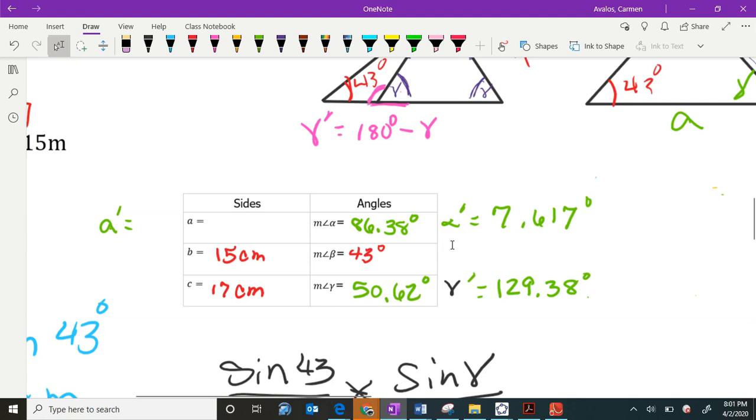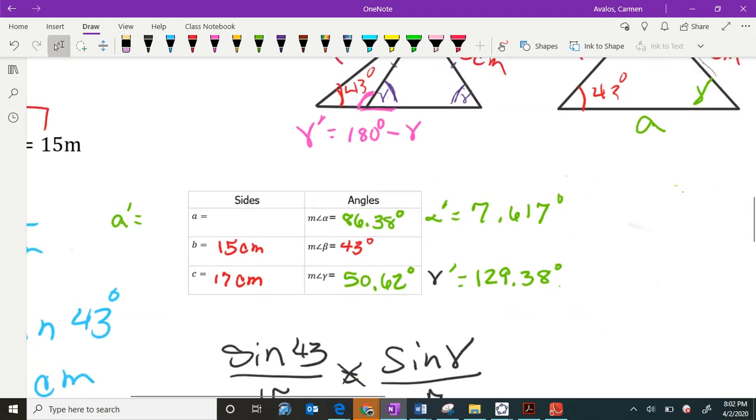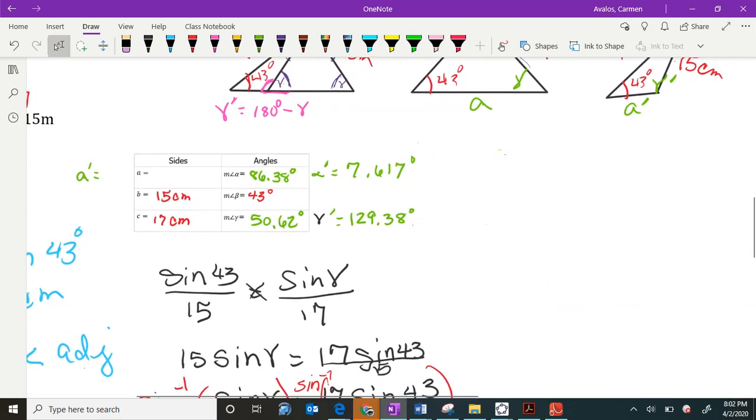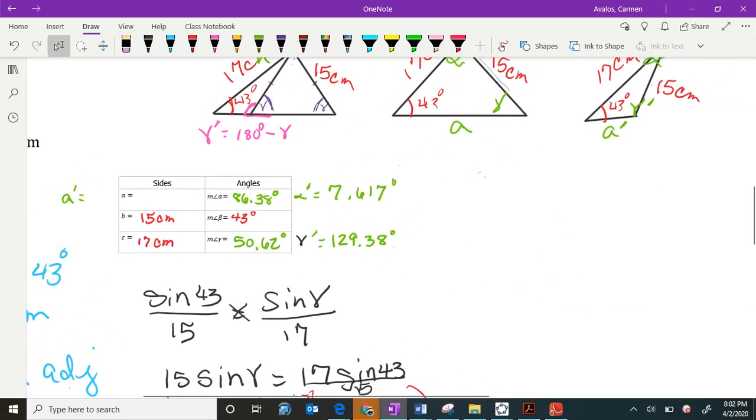You might have to watch this a couple of times to figure it out, but we're still not done. I know. This is the SSA case, if you know what I mean. Okay, so now going back over here, we still need to find A and A prime, the side. So how are we going to do that?